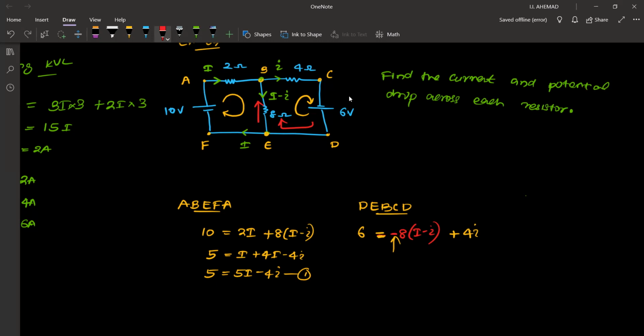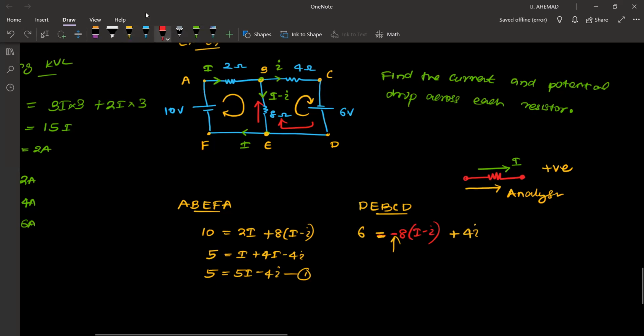So you don't need to think a lot when you are analyzing the equation. What you have to remember is, if the current in the resistor is in the direction you are traveling, this is the direction of current, and you are analyzing in this direction, then it is positive.